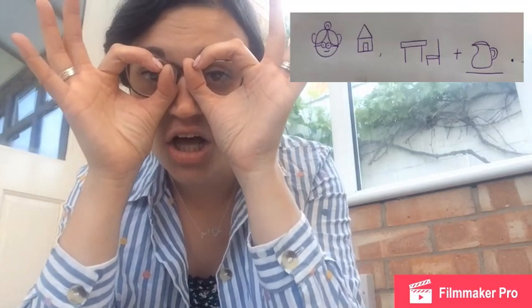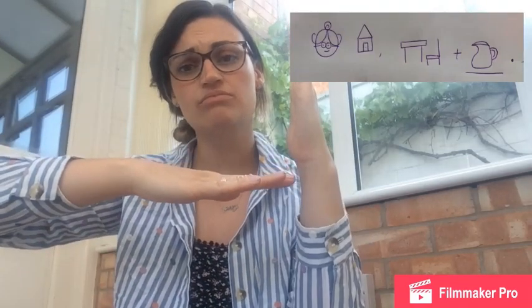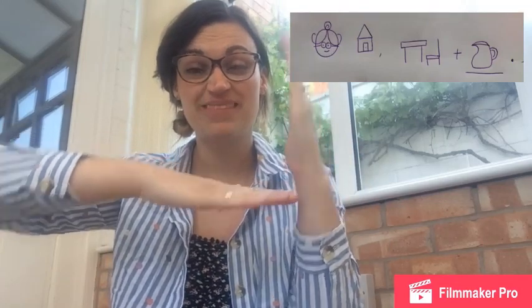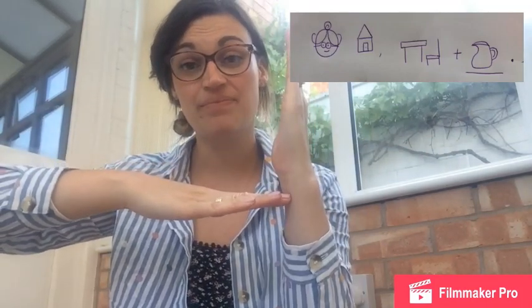So a little old lady lived all by herself with a table and chair. With a table and chair. Let's put that together. A little old lady lived all by herself with a table and chair and a jug on the shelf. I'm pouring my jug.